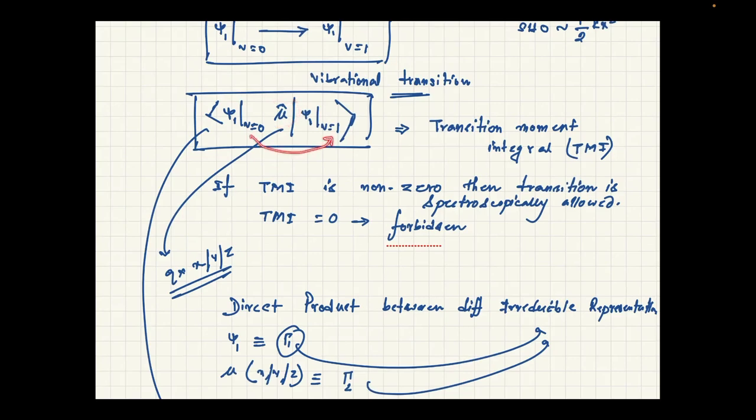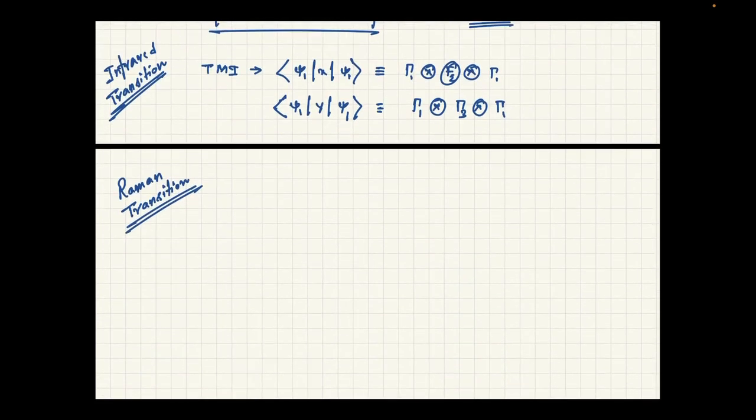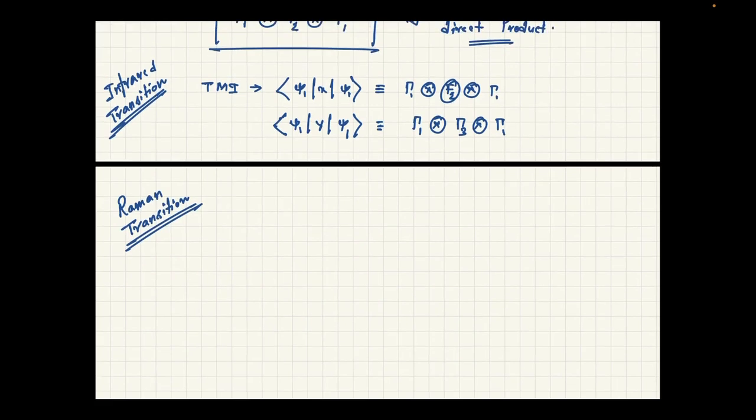Now for Raman spectroscopy, you have to use the Raman polarizability tensor. The polarizability tensor is basically a 3x3 matrix, where the diagonal elements will be x square, y square, z square, and the off diagonal elements will be bilinear products between x, y and z. So xy, xz, yz, like this.